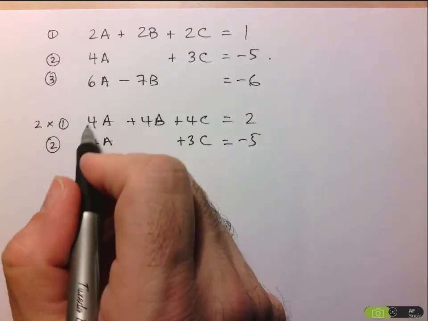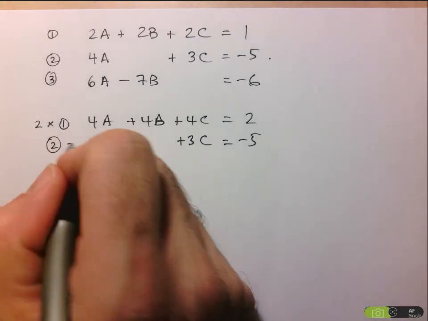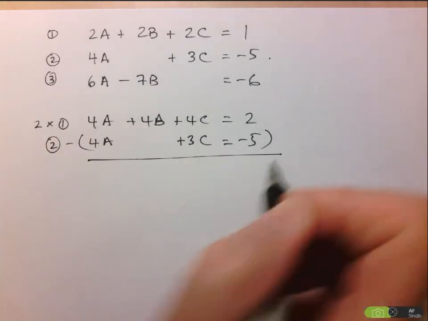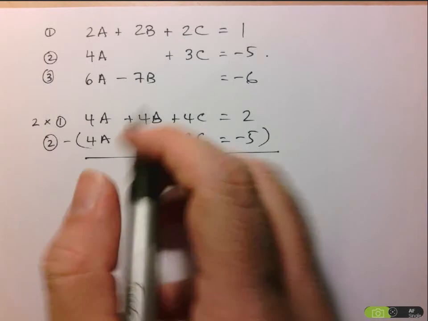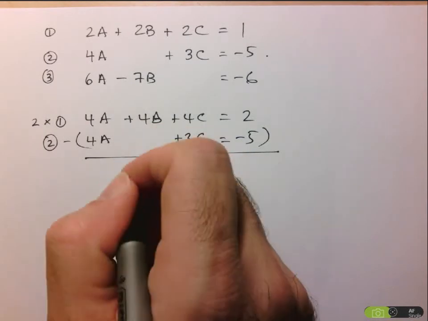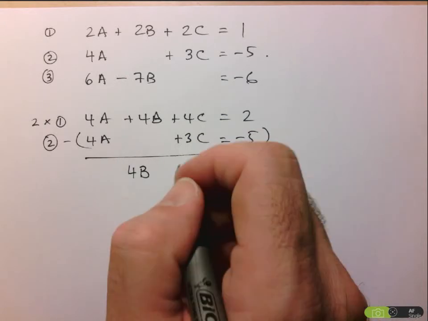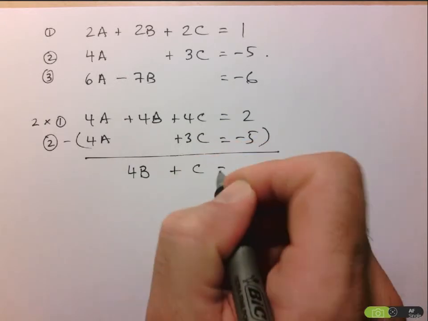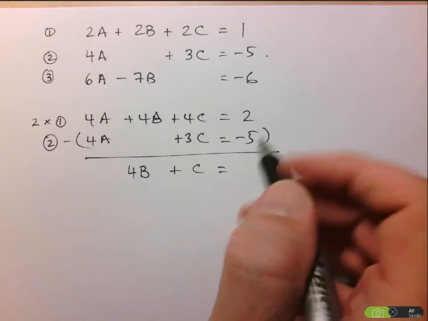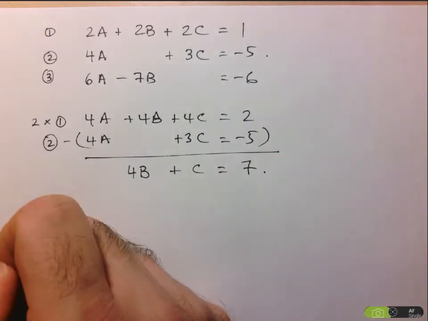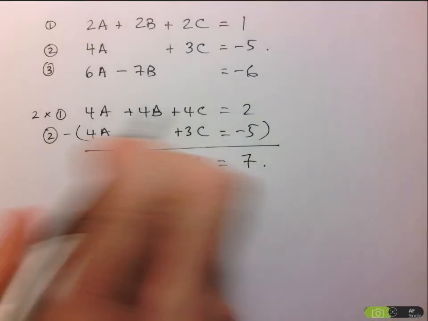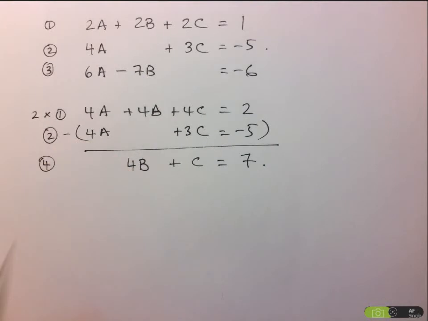Since the signs in front of the 4's are the same, I'm going to subtract. So 4a minus 4a is 0. 4b minus 0 is just, again, 4b. And then 4c minus 3c, so plus c is equal to, and 2 plus 5 is equal to 7. So now I've created a new equation, so I'm going to label that number 4.